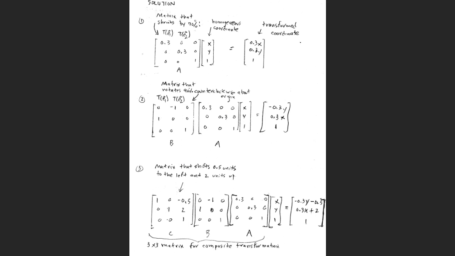Again, here we are. First we're going to find the matrix that shrinks the coordinates by 70%. How many like writing down the transformed coordinates and then, based off of that, figuring out the matrix A?